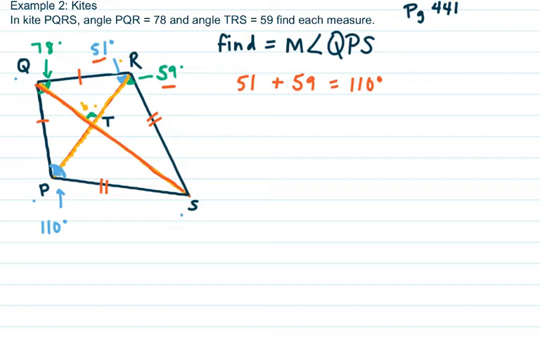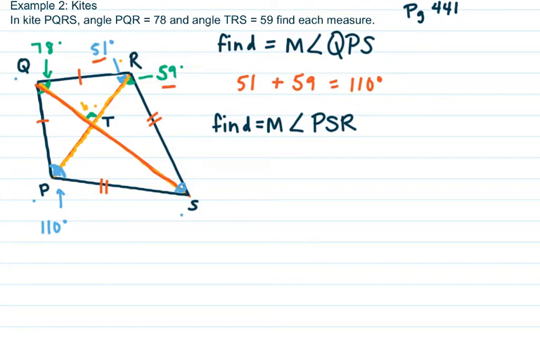Okay, so we have one more to look for, and we have to find the measure of angle PSR. Okay, so PSR. Which one is that one? PSR. So this one right here.